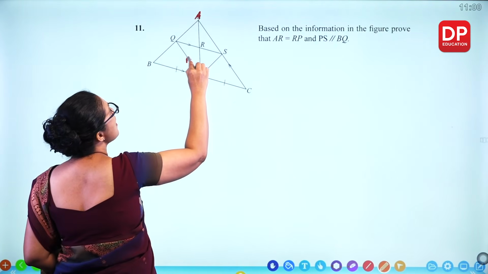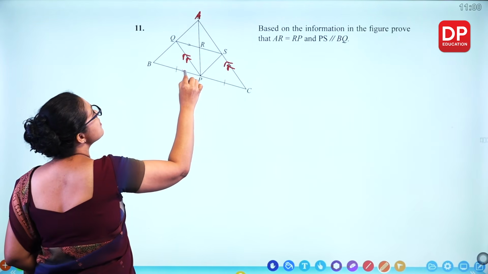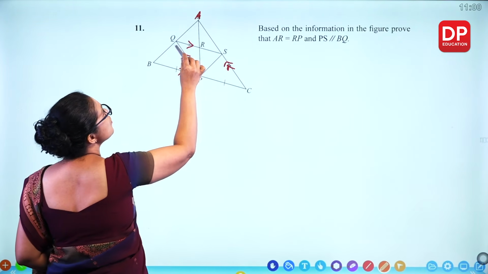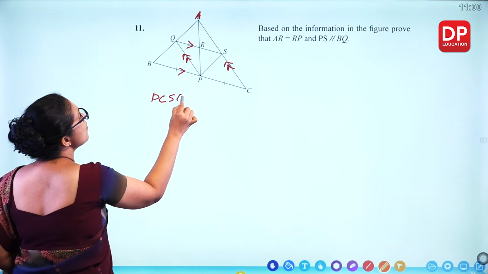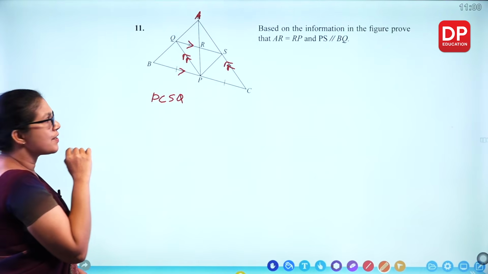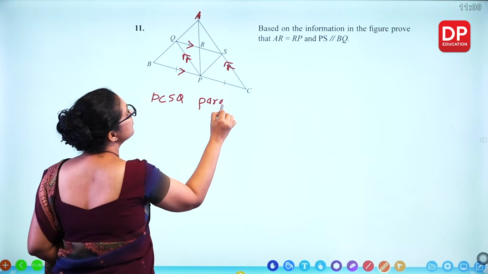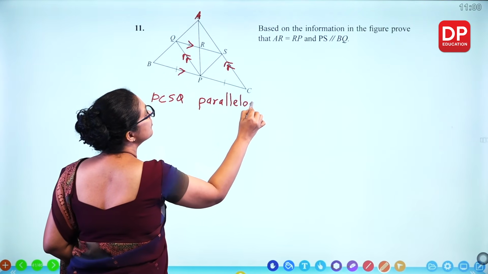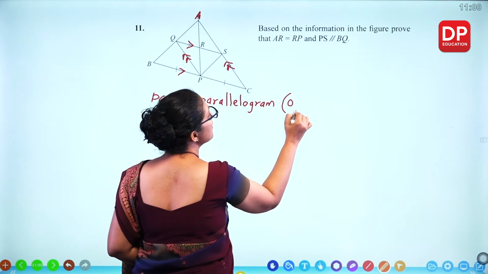These two lengths are parallel. This one is parallel to this one, and this one is parallel to this one. So what can you say about the quadrilateral PCSQ? It's a parallelogram because opposite sides are parallel.